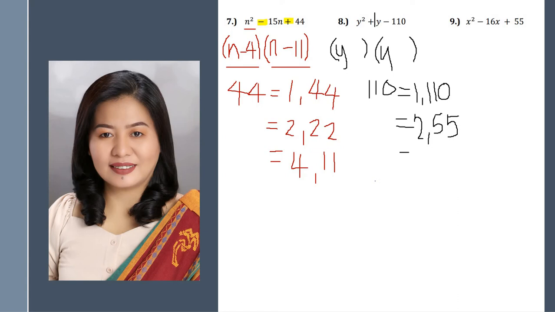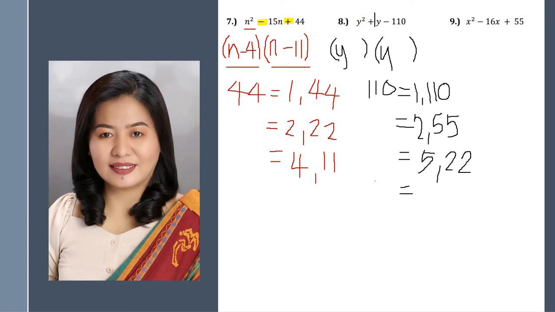The answer is no. Then we move to 3. 3 is not a factor of 110, nor 4. So we will have 5 and 22. Subtracting 5 and 22 will not give us an answer of 1.